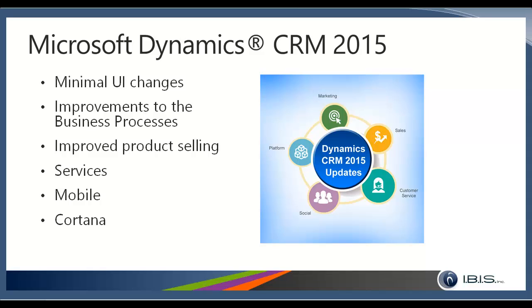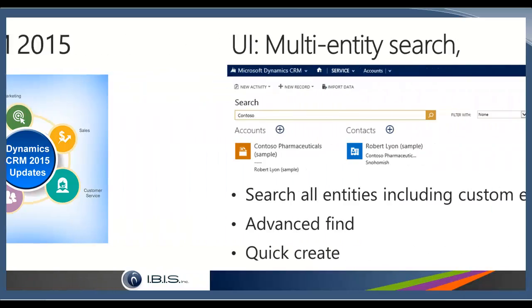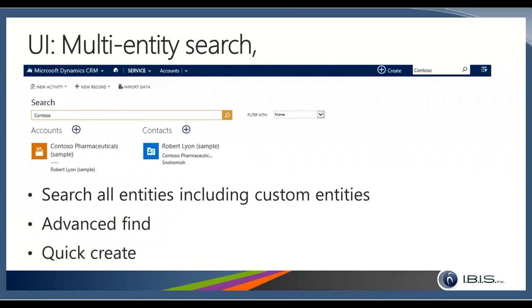And we also have a different user interface. It's similar to what we had in 2013, but they've added some features which make it easy to search across multiple entities, and also the advanced find is visibly available on every single page. So let's talk about the UI. If you're used to the 2013 version of CRM, the 2015 hasn't changed much. Basically, the UI is the same. The only major change you'll experience is on the top bar.